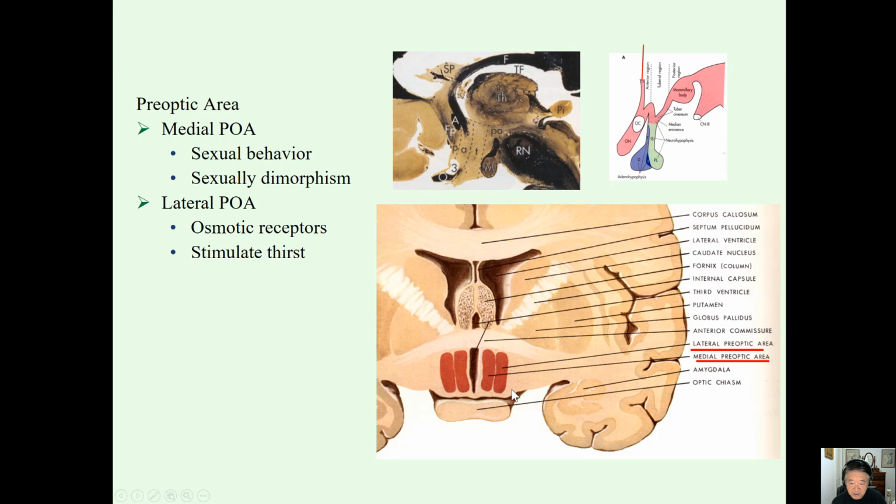In the lateral region, this is called the lateral preoptic area. And medially, this is called the medial preoptic area.